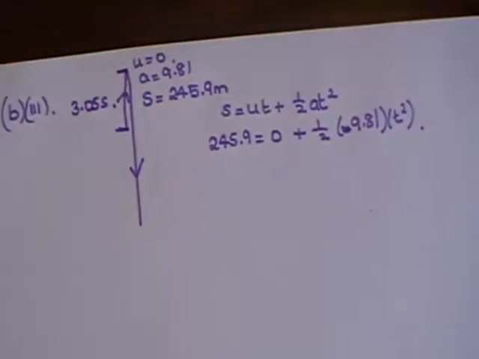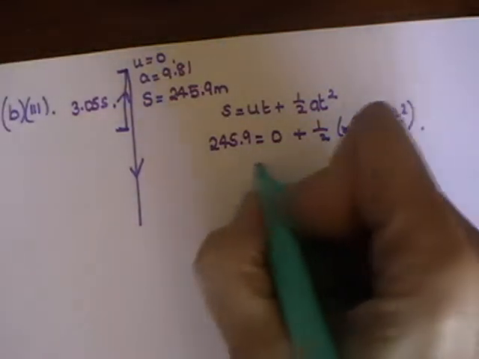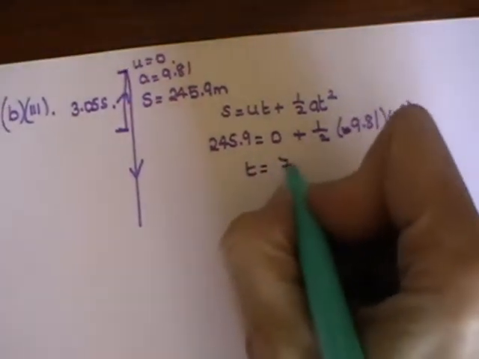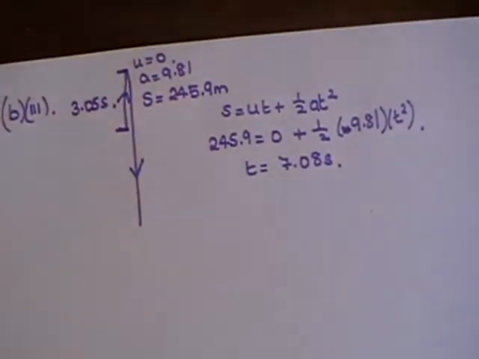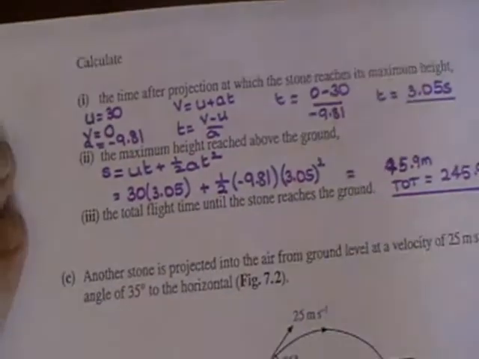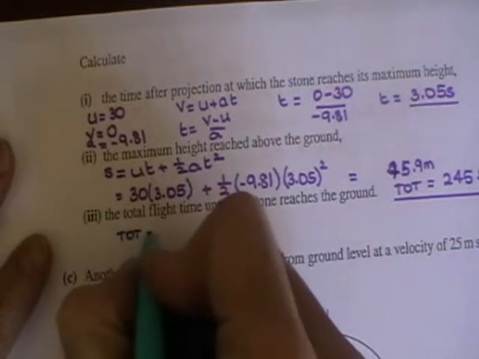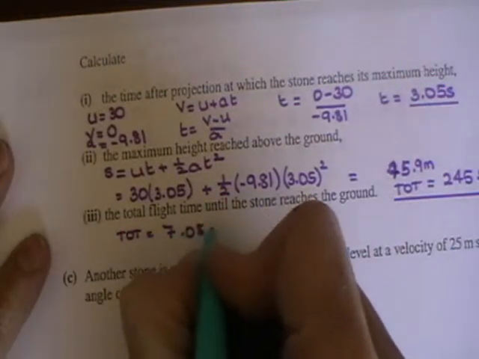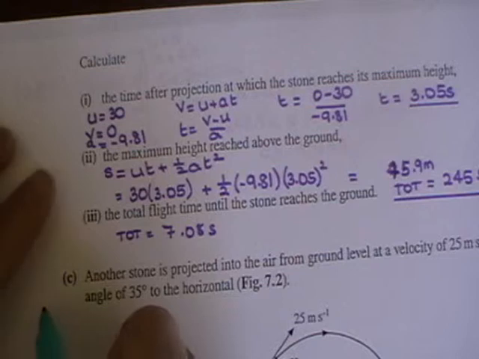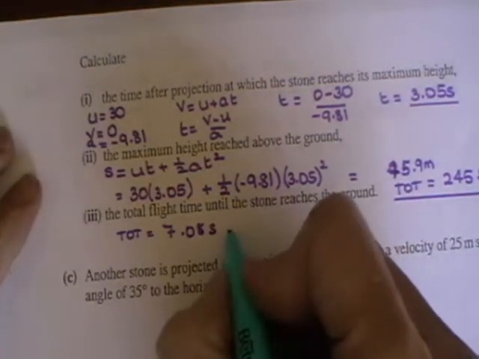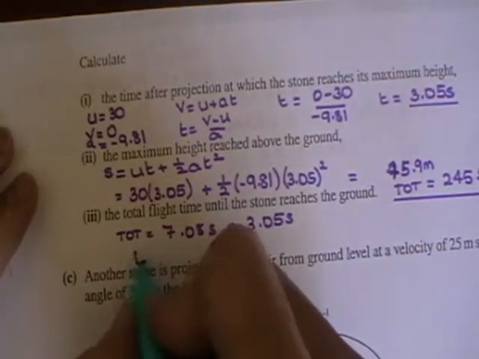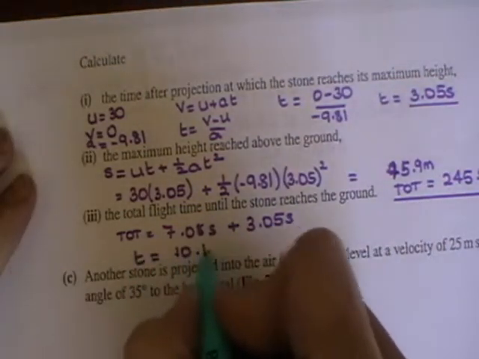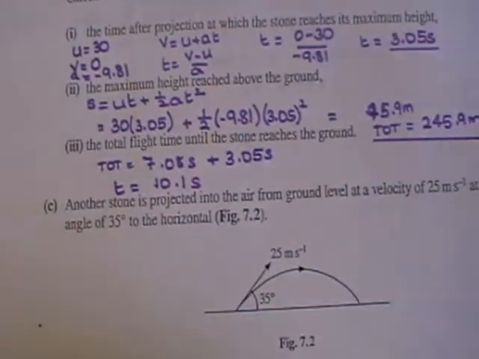That's what we're trying to find out. When you do that calculation, the time comes out to be 7.08 seconds. The total time is the 7.08 seconds, which we worked out from the downward fall of the object, plus our original 3.05 seconds, and the total time comes out to be 10.1 seconds. That's your answer there.